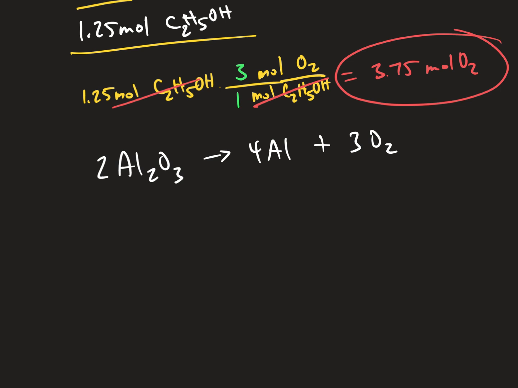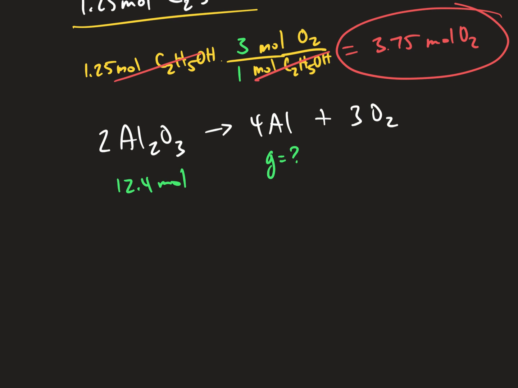And let's say we want to know how many grams of aluminum will form in the reaction of 12.4 moles of aluminum oxide. Since our equation is balanced, we don't have to do that, or we should maybe check just to make sure.